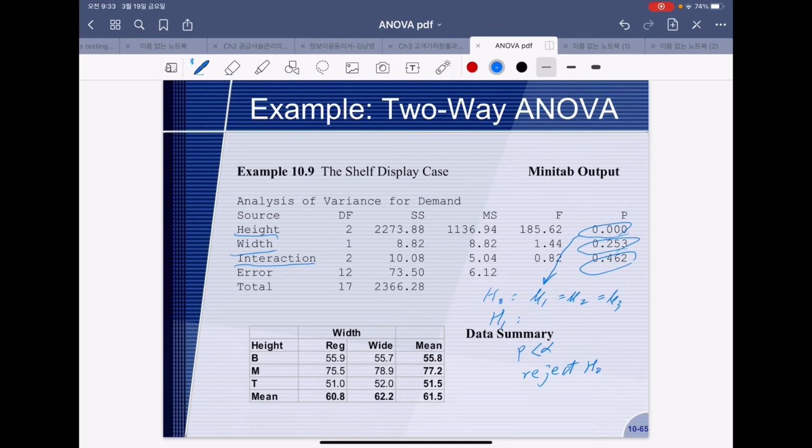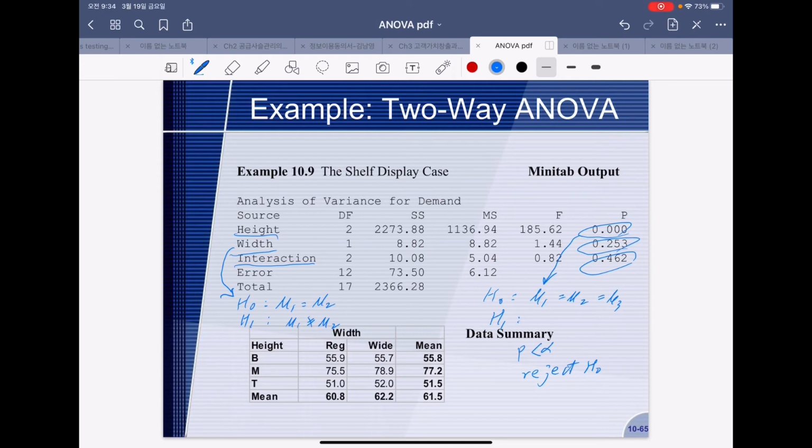What about the factor width? In the case of width, we had two treatments, so the null hypothesis is mu1 equals mu2, regular and wide. The alternative hypothesis, since we have two, is that the two means differ.